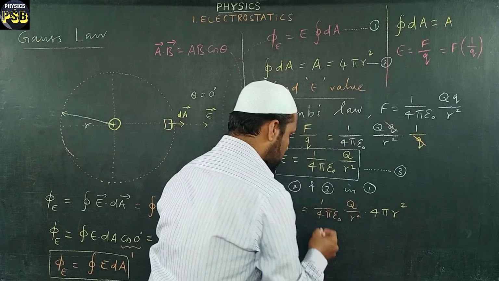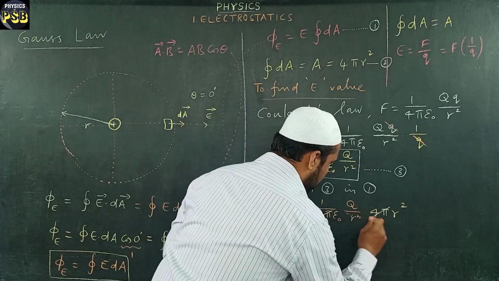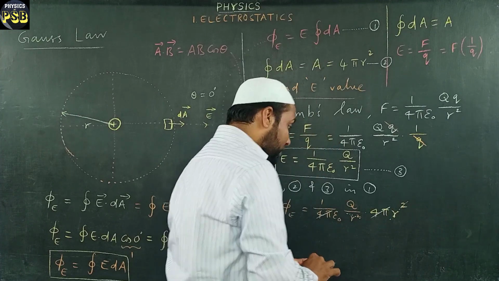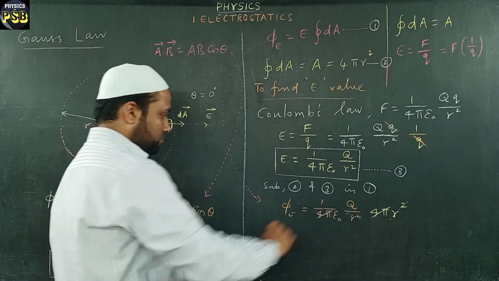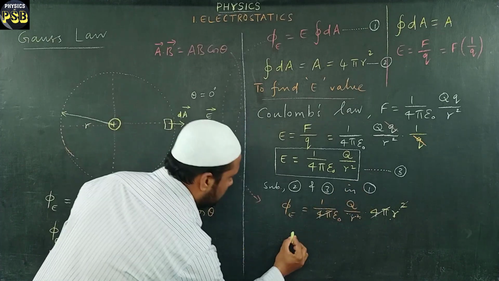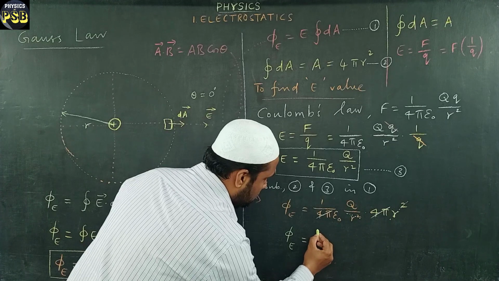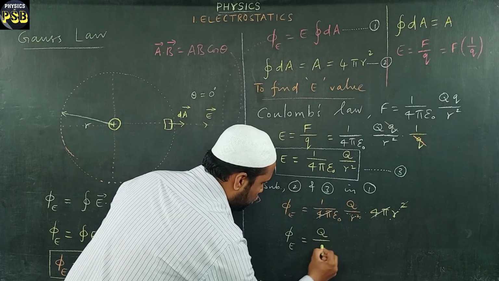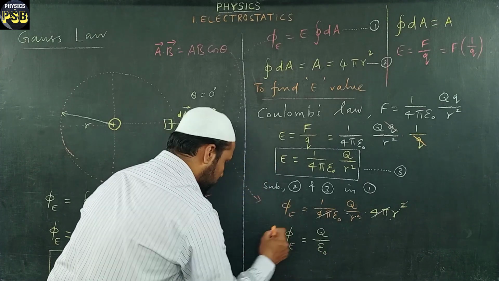Now 4 pi cancel, and here r and r square get cancelled, and what remains is nothing but this. Then I get 5e equals to q upon epsilon naught.